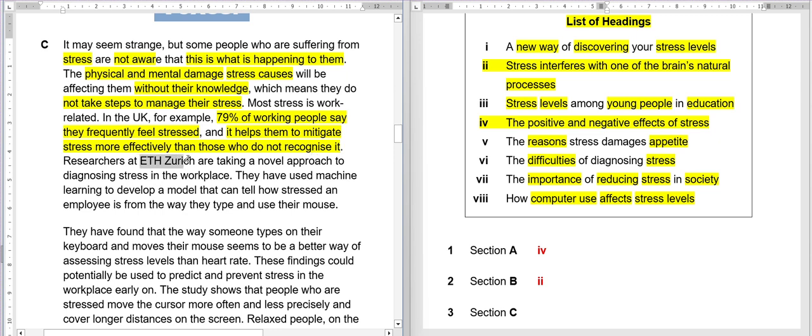Researchers at ETH Zurich are taking a novel approach to diagnosing stress in the workplace. They have used machine learning to develop a model that can tell how stressed an employee is from the way they type and use their mouse. So ETH are developing a way in which they can tell how stressed a person is by the way this person is typing or using their mouse.